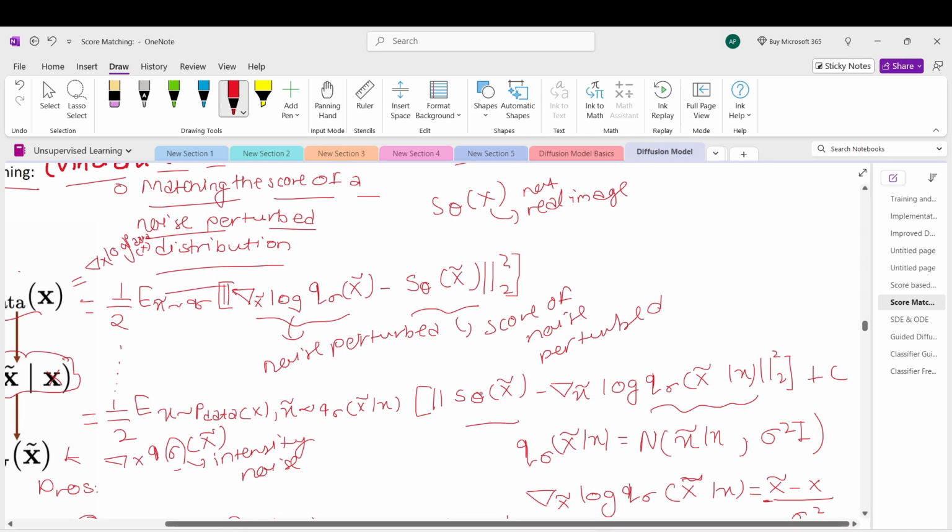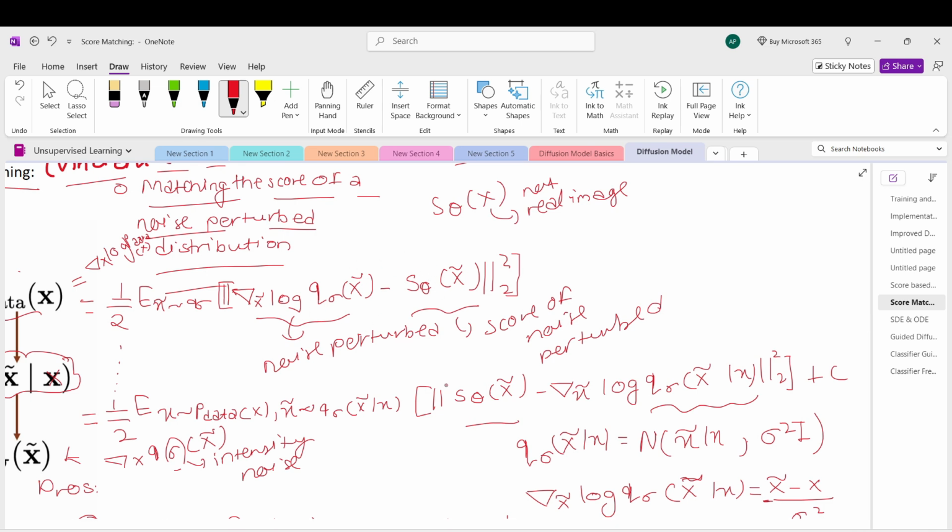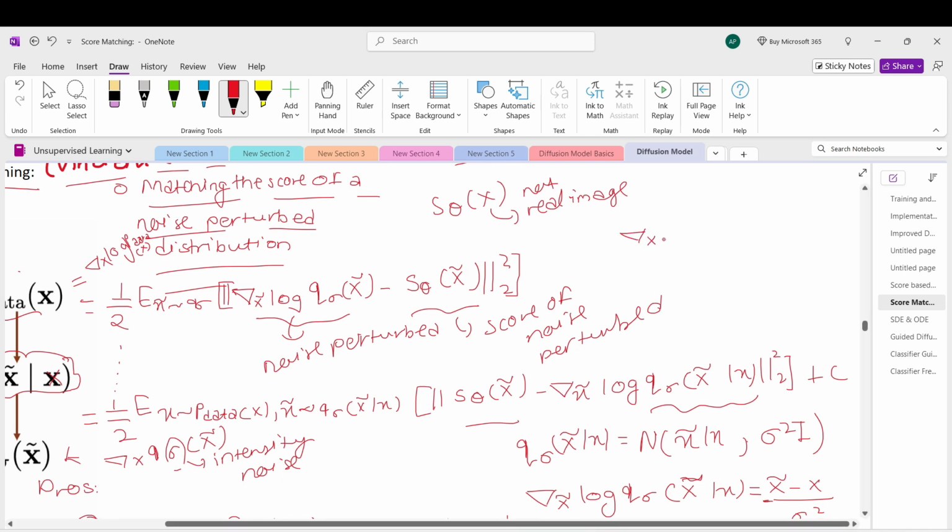You can write this x interchangeably, because we are optimizing it, so don't be confused. So s_theta of x tilde minus x tilde, log of q_sigma of x tilde given x. This is such a beautiful thing.